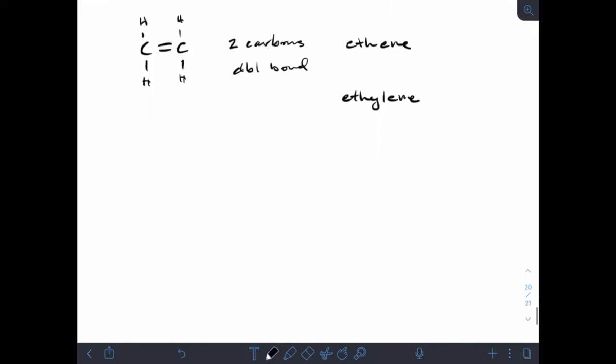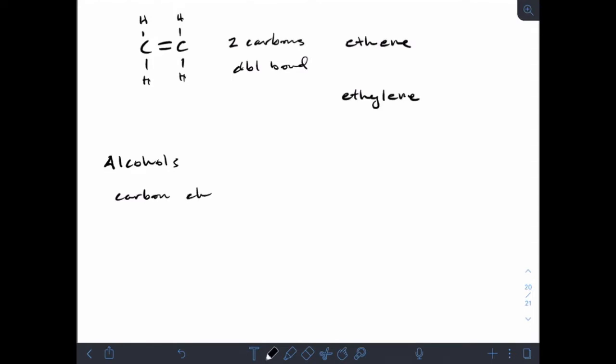Now, if we have something attached, let's talk about alcohols real quick. With an alcohol, we have a carbon chain with an OH attached, a hydroxide group.